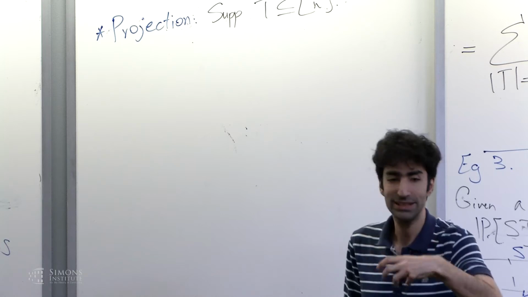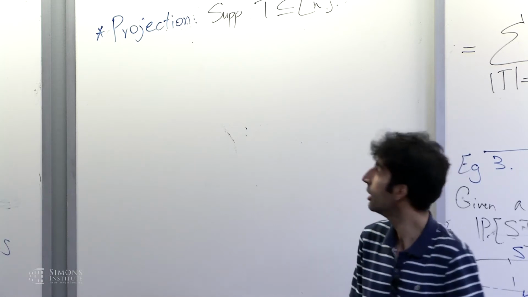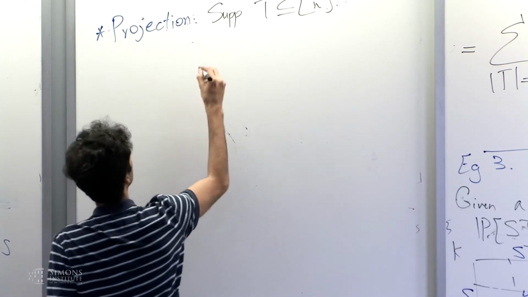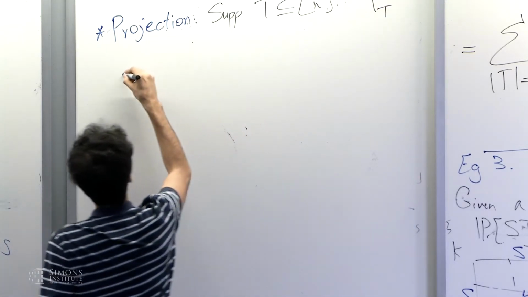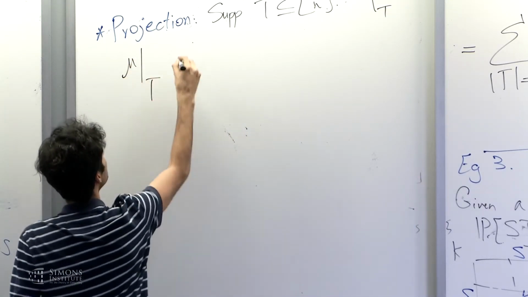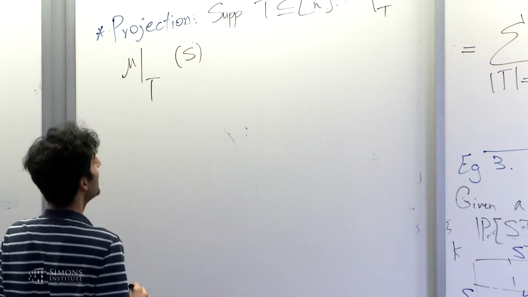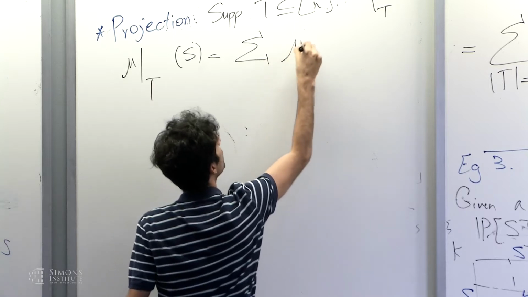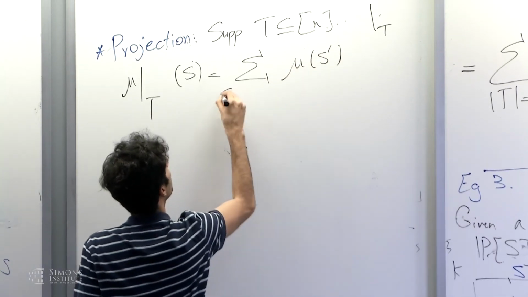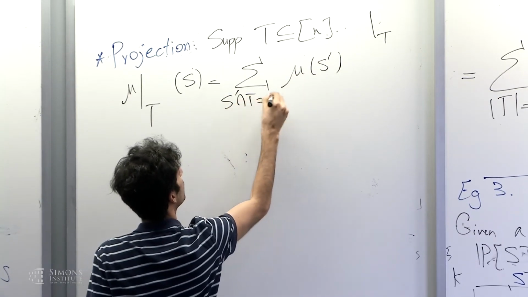You want to take the intersection of a random spanning tree with a cut. In general, if I look at mu projected onto T, the probability of a set S is equal to the summation of mu of S prime, where S prime intersection T is equal to S.